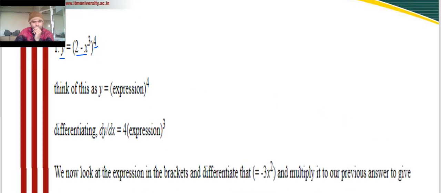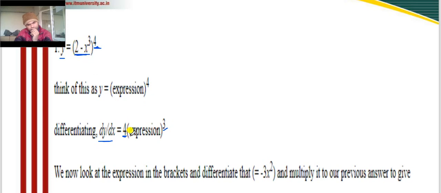Okay, so what we will do, because its power is 4, when we find dy by dx, we write its power 4 in front, then this whole expression, and x to the power n is nx to the power n minus 1. So what is n here? That is 4, so we write 4 here, and for the power n minus 1, 4 minus 1, that is 3.